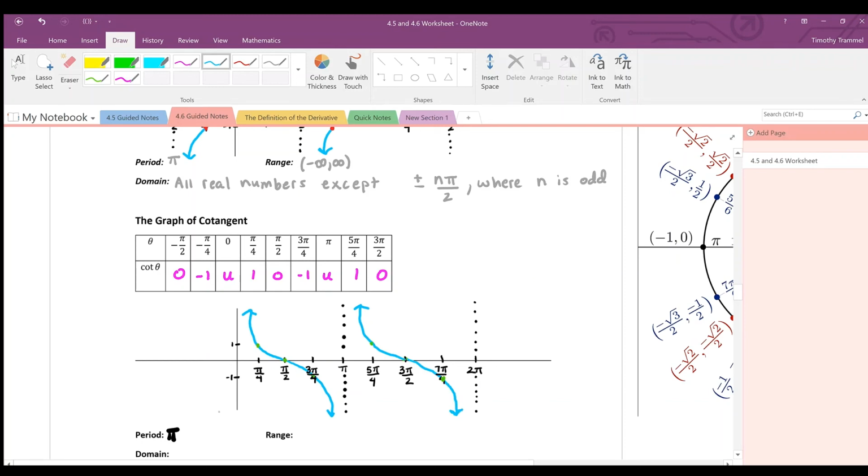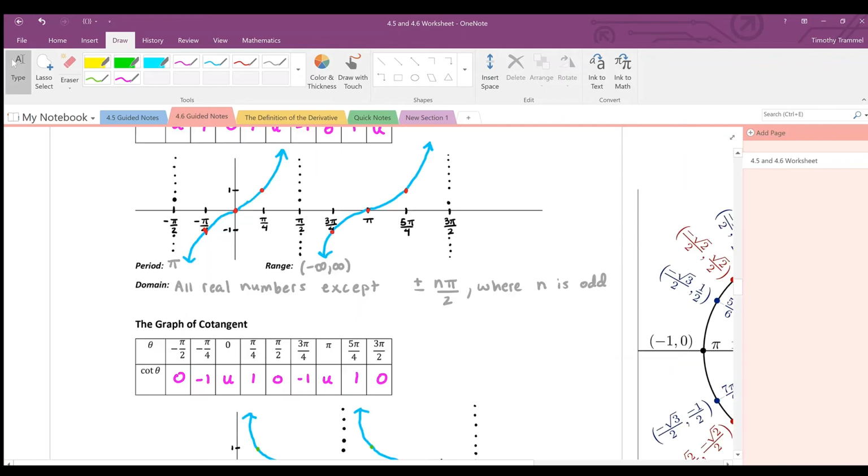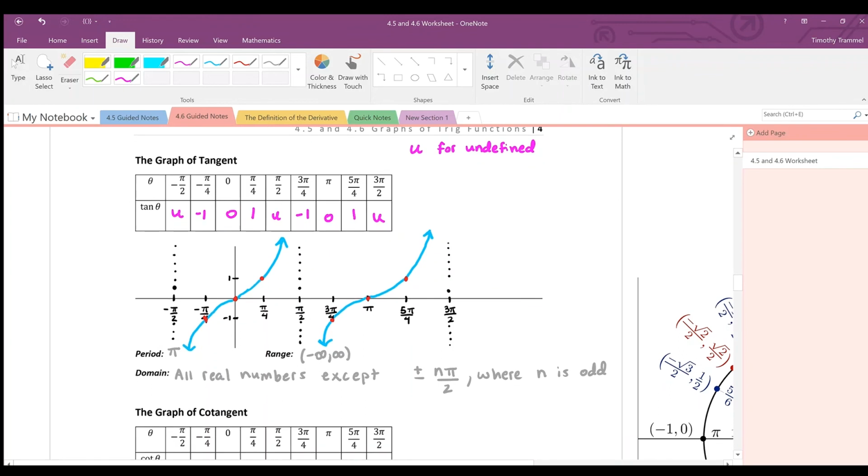All right, now one thing you might be wondering is, these places where I've said that the functions tangent and cotangent are undefined, how do I know that there's actually an asymptote there? Well, let's go back up just for a moment, and we're going to look at tangent and the unit circle to see if we can justify why this is the case.